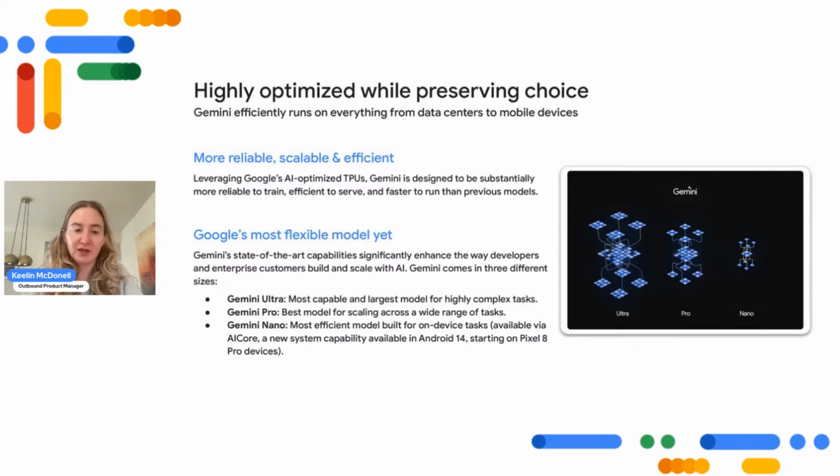What this really means for us is that it gives us a lot of flexibility in terms of offering a lot of different versions of the model. We'll get into a few more examples in a minute here, but you can see that we have at the one extreme Gemini Ultra, which is going to be our largest, most capable model, all the way down to Gemini Nano, which is a very small model that's optimized to be served on hardware and starting with the Pixel 8.